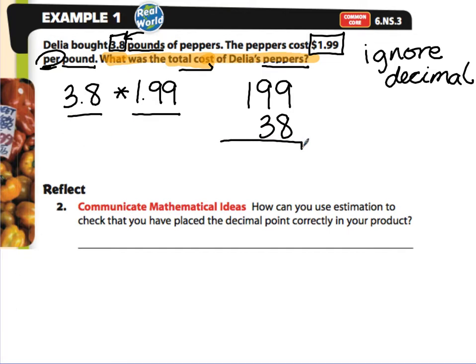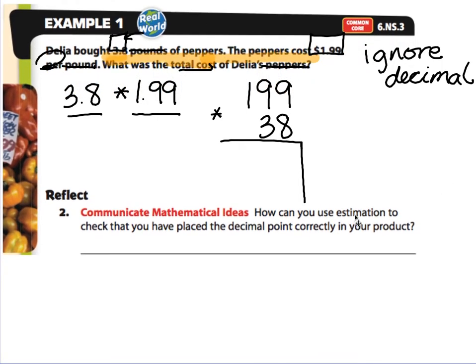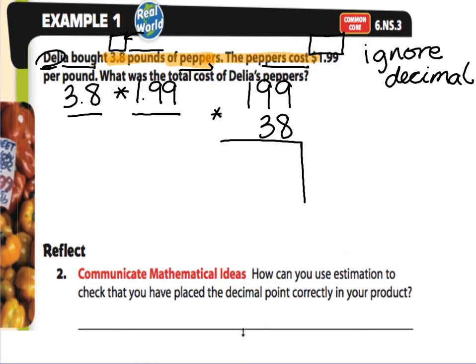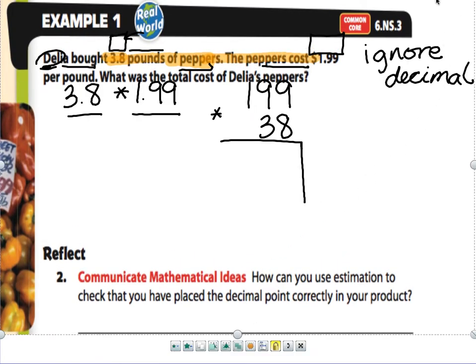Now sometimes multiplication can get a little tricky, so I also want you to remember that multiplication is really us doing some cut up multiplication with different values. I'll make this a little bigger to give us more space. I apologize because everything is off, but here we have 199 times 38.